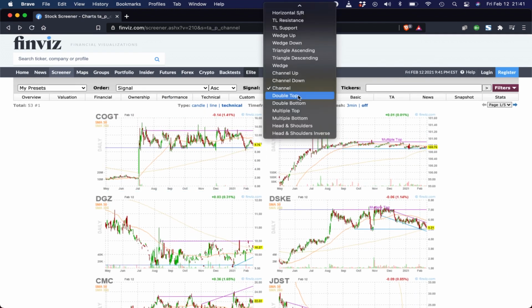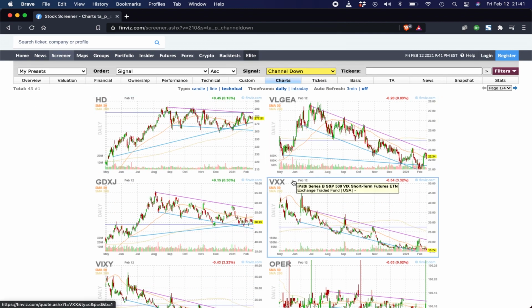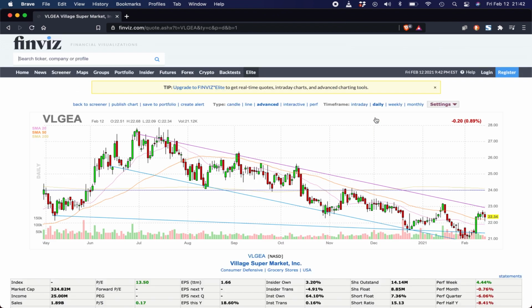Let's see channel down. So channel down is interesting because it pulls all the stocks that are on a downward trend. Here you can see all the lower highs are connected and then the lower lows are connected to get the trend line resistance and the trend line support. So in this case, again, you have to see where the stock is trading at.